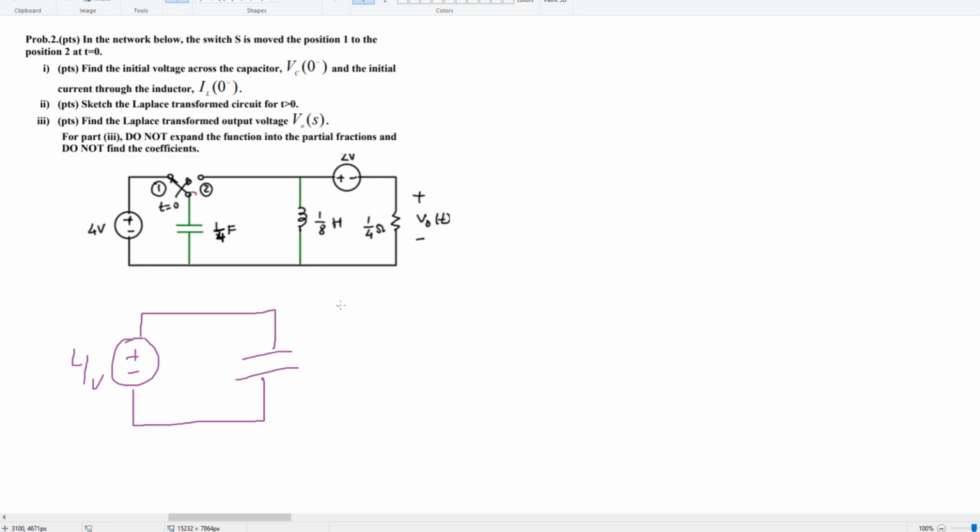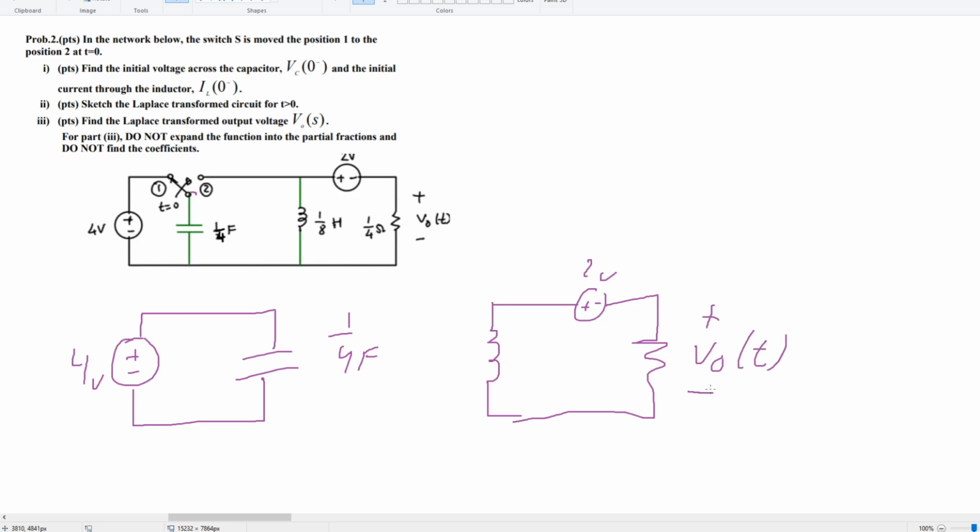So this is 1/4 farad, and then there's another, what is this, 2 volts. This is going to be like its own circuit, basically, because the wire in between them doesn't exist. This is V0 plus minus, 1/4 ohms, 1/8 henries.